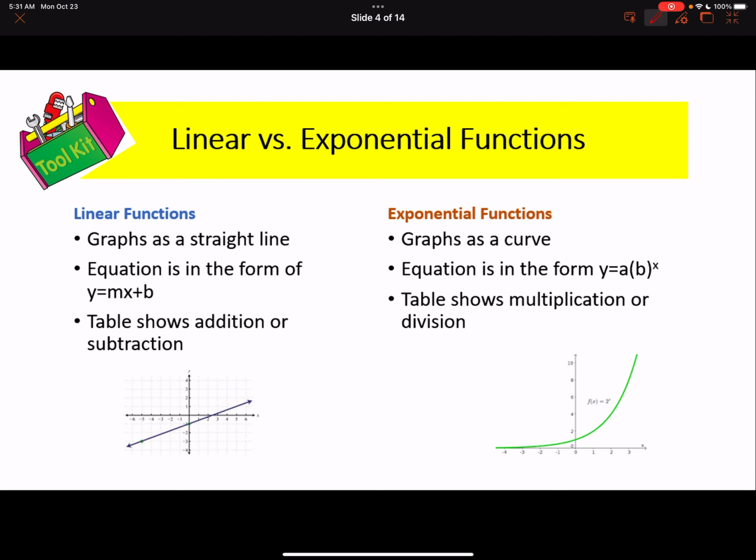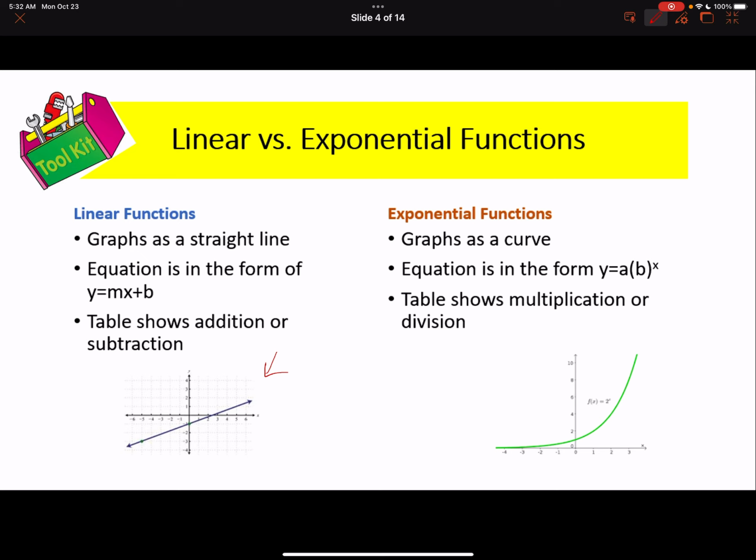So let's get into some definitions. You can write this down in your toolkit. So let's talk about linear versus exponential functions. And feel free to pause the video if you want to take a minute to write this down. But linear functions, when you look at graphs, they'll look like this. They graph a straight line. Now this line has a positive slope.